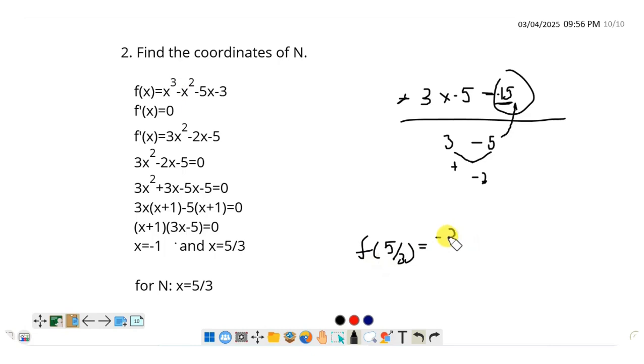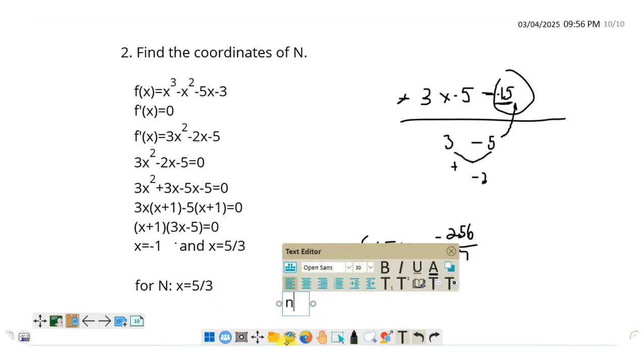You get negative 56 over 27. So this tells us that the coordinates of n are 5 over 3 and negative 56 over 27.